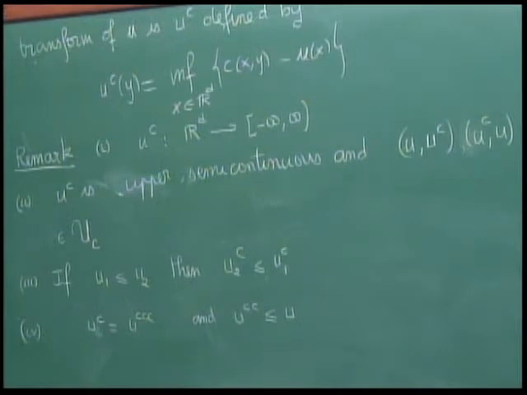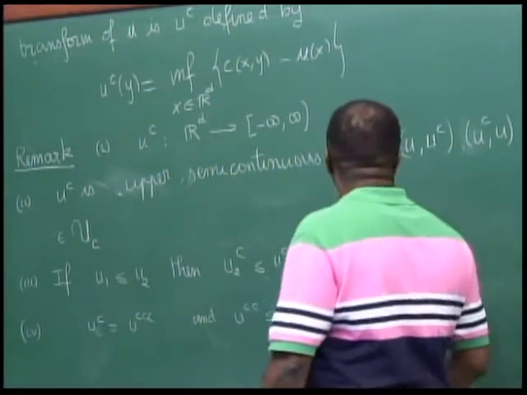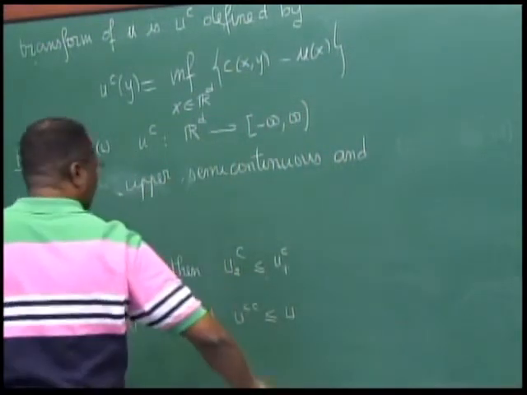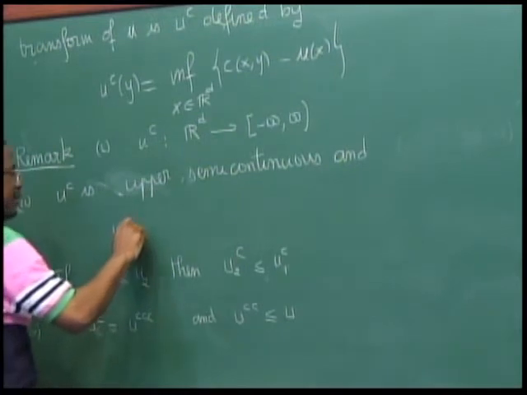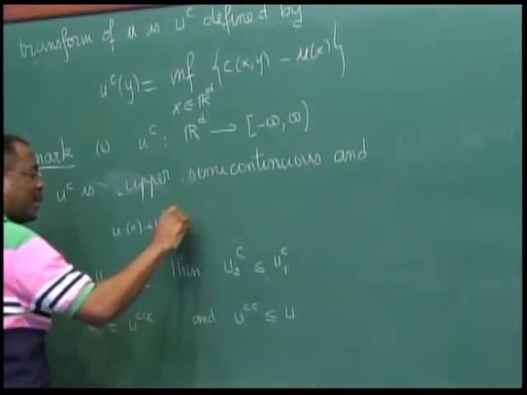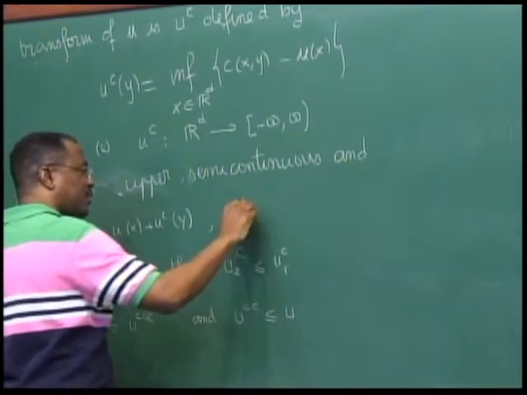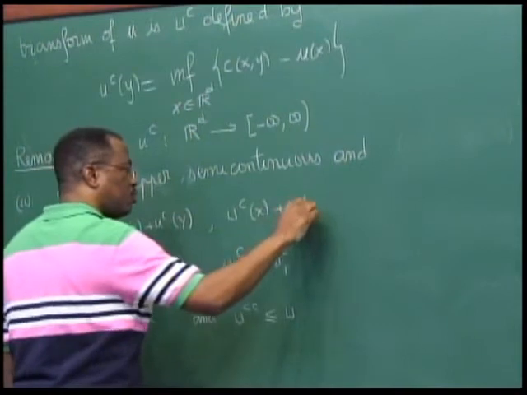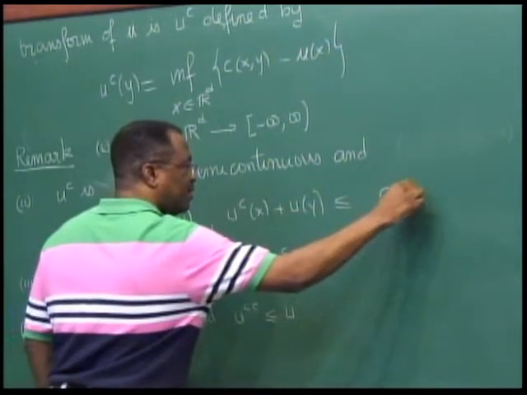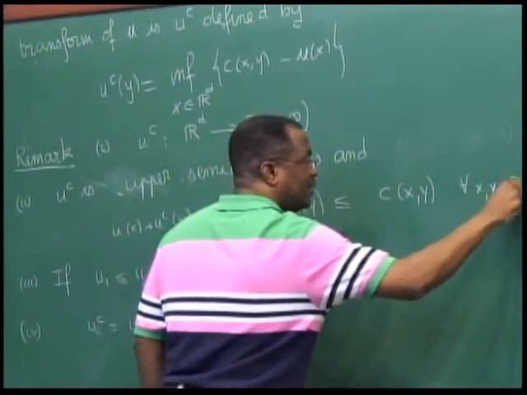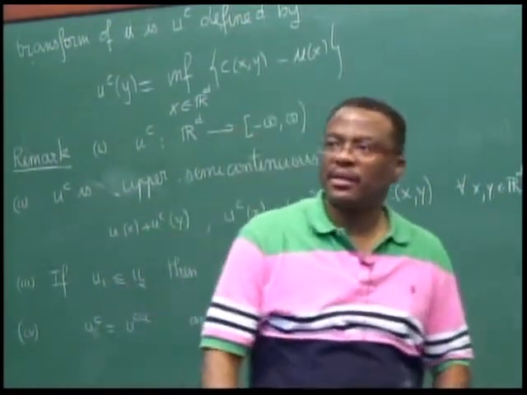So maybe what I should write is: u of x plus uc of y, as well as uc of x plus u of y, are both less than c of xy for every x, y in Rd. Yes, this is what I wanted.